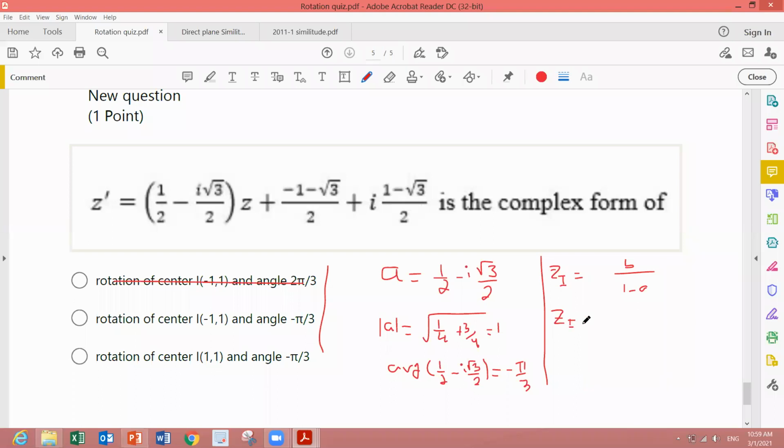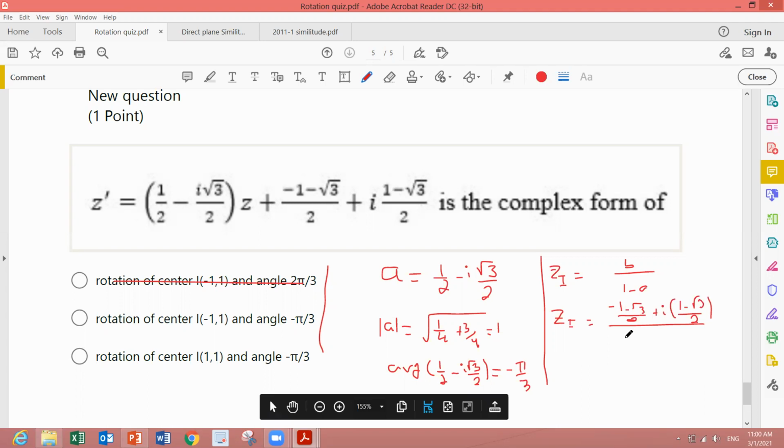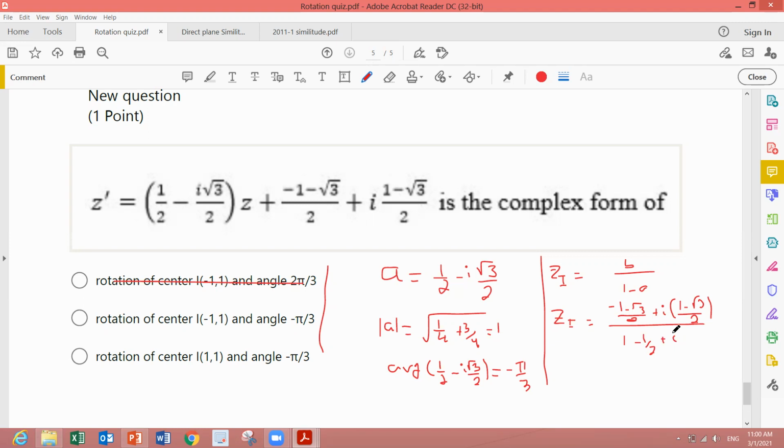B is plus i into 1 minus radical 3 over 2, over 1 minus A, 1 minus half plus i radical 3 over 2. We put this on the calculator. Do you have a calculator, Thomas? 1 minus half becomes half.